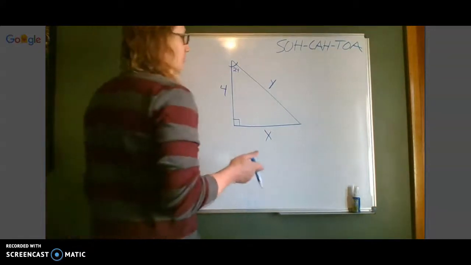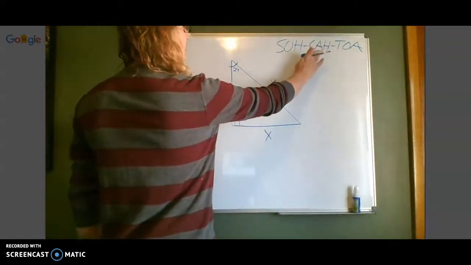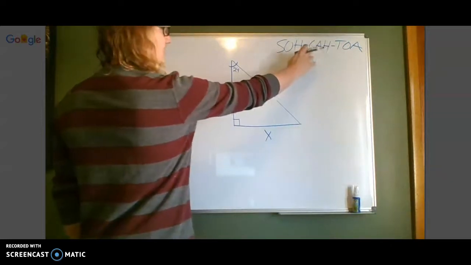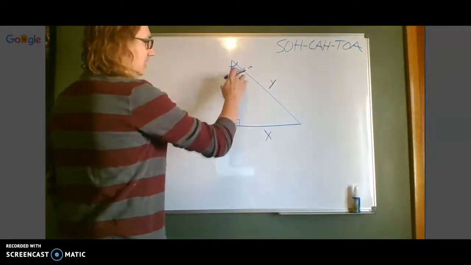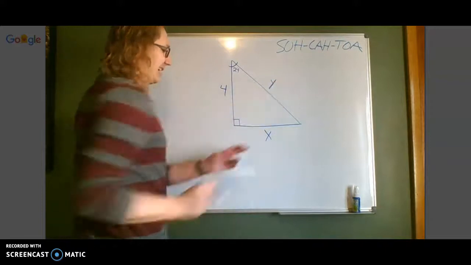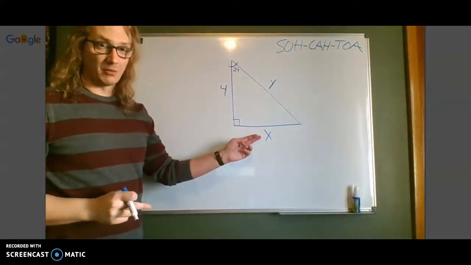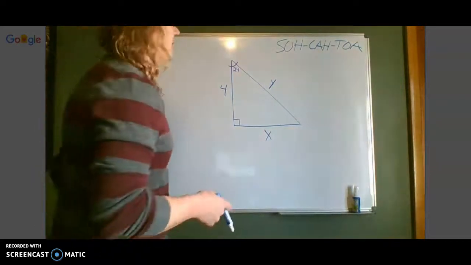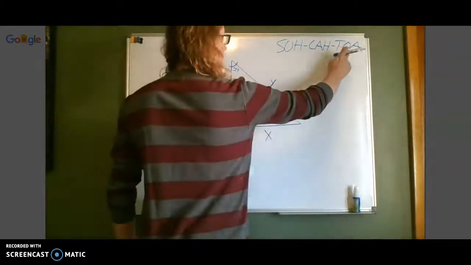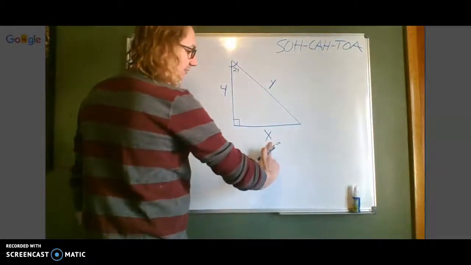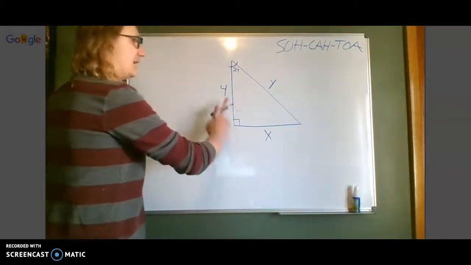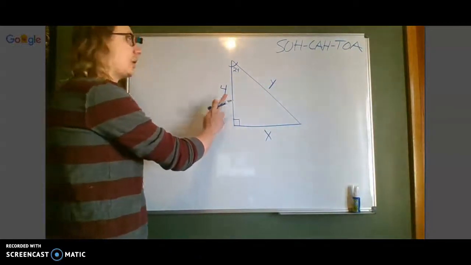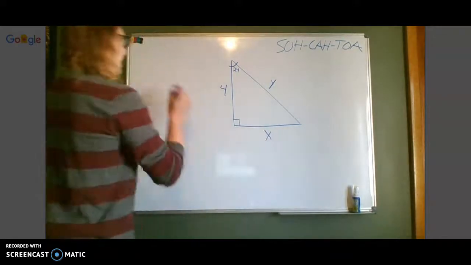I don't want to use cosine, because cosine is adjacent over hypotenuse, and that would be 4 over y, and x isn't even involved then. I'll want that when I'm looking for y. Tangent then is what I want, because that will give me the variable I'm looking for and a side that I know. So I want to use tangent in order to find x.